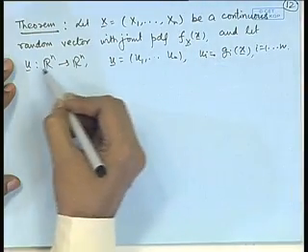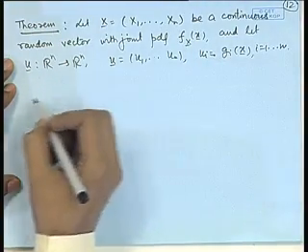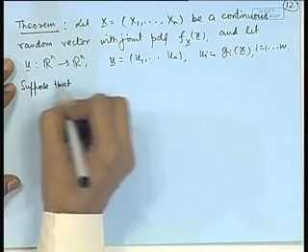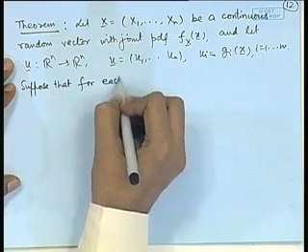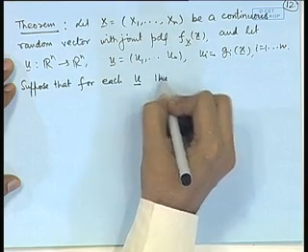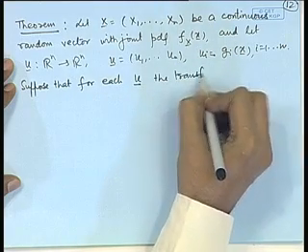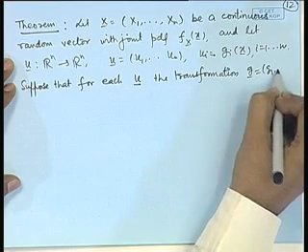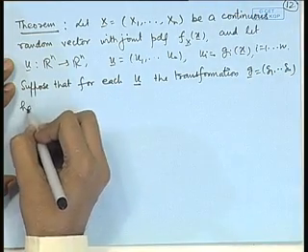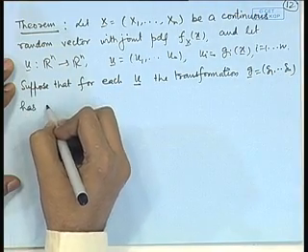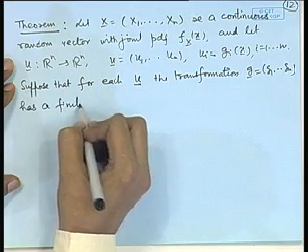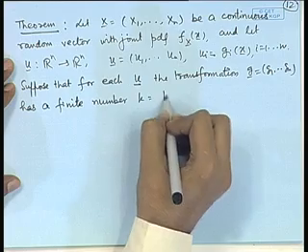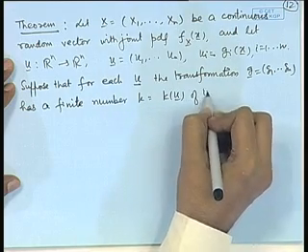So, we are not assuming that it is a 1 1 onto function. Suppose that for each u the transformation g, that is g1, g2, gn, has a finite number, say k, of inverses.